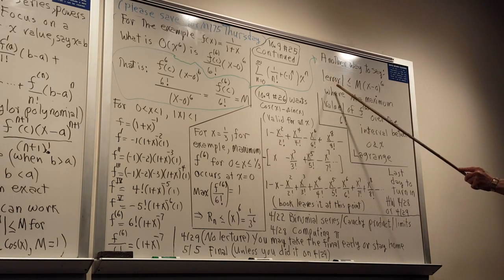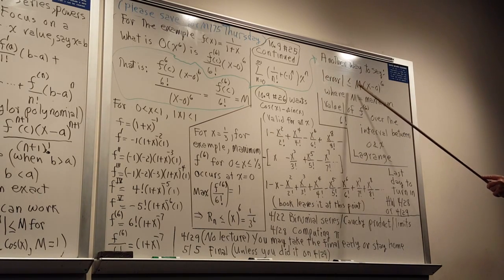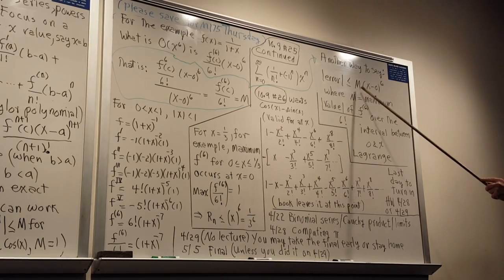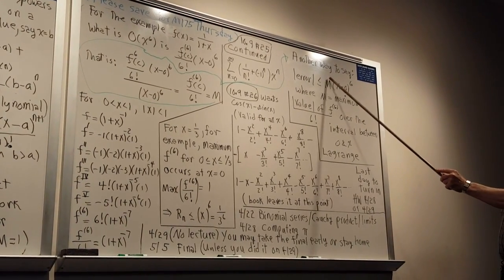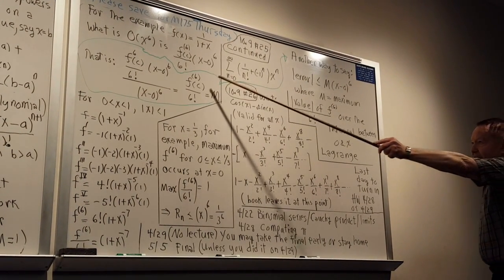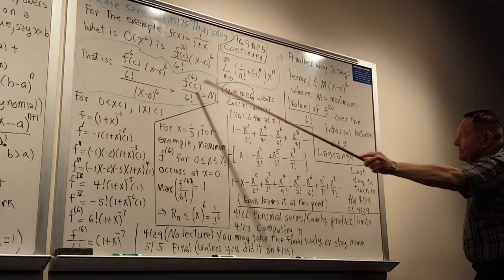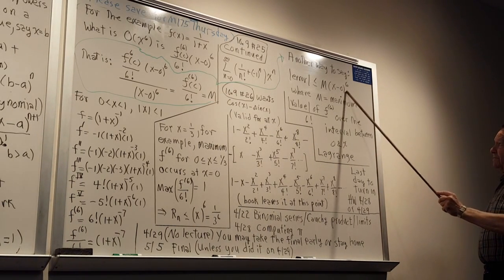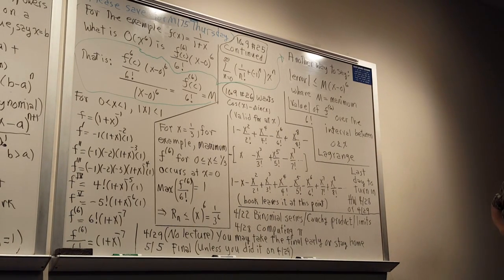So that says that the magnitude of your error is less than or equal to whatever is the maximum that this quotient could take, times x minus a to the sixth.